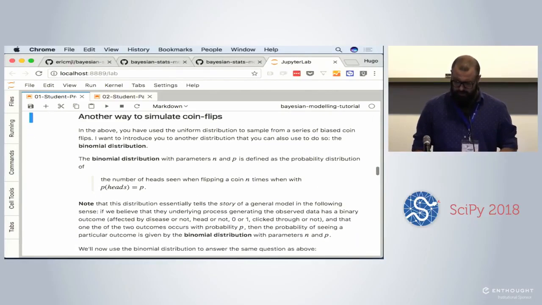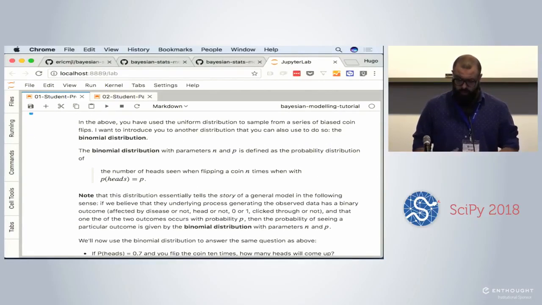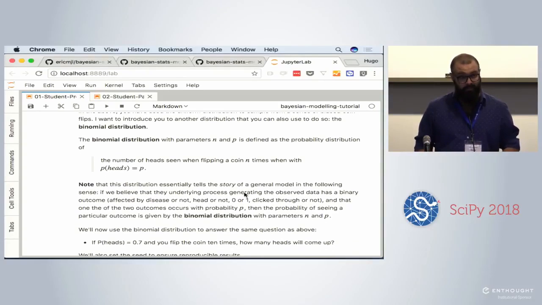Okay, so that's exactly what I've written here. You've used the uniform distribution to sample from a series of biased coin flips. Now, we'll use the binomial distribution, which is defined as the probability distribution of the number of heads seen when flipping a coin n times, when the probability of heads is p. We have two parameters, n, the number of flips, and p, the bias, so the probability of seeing heads.